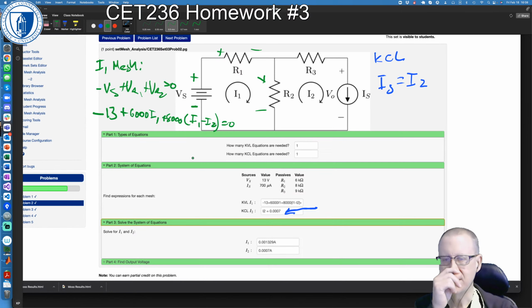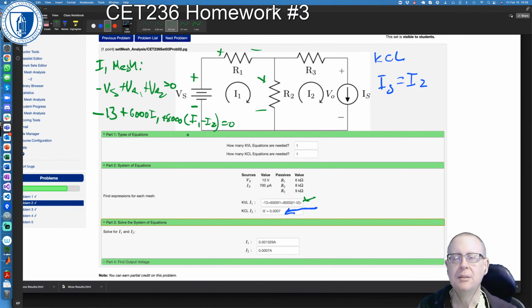And then we could leave that the way it is. That's all I did here, but we could probably rearrange it, plug the value for I2 in, and then solve for I1. Okay, let's do that.